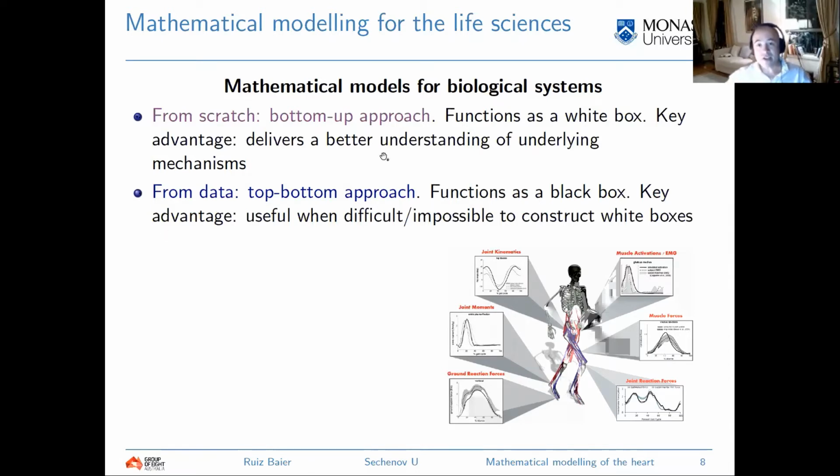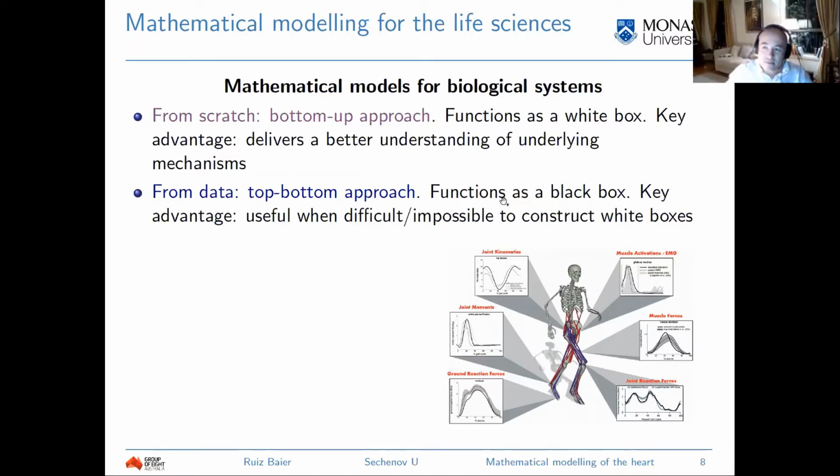The key advantage of that is that you have a better understanding of all the mechanisms. You know what's going on inside of your model because you put the things that you master. You know how a mechanism works, and then you put that in your model. But there are other approaches where you just visualize the data, and that's the so-called top-down approach.